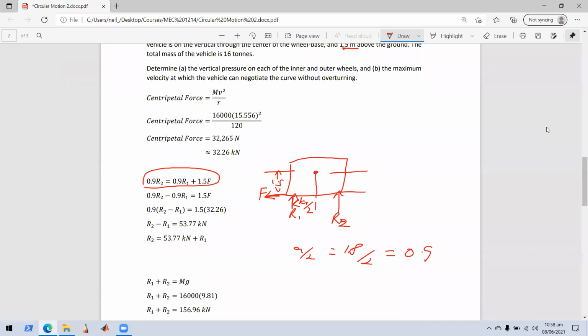You plug those in. And remember, the centripetal force along with one of these, R1 and R2, depending which direction you're turning, is going to add up to the other one.